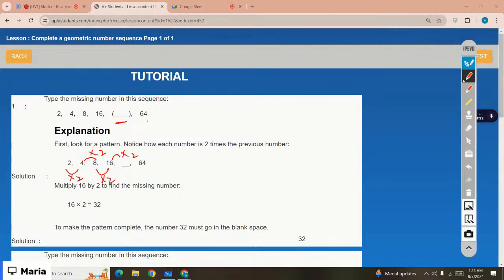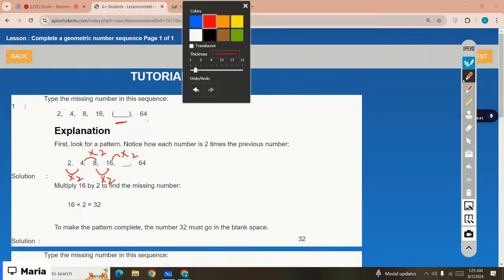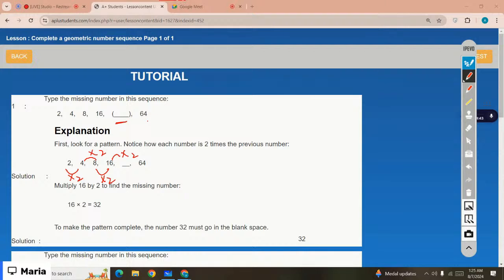The correct option is 32. The missing number is 32.